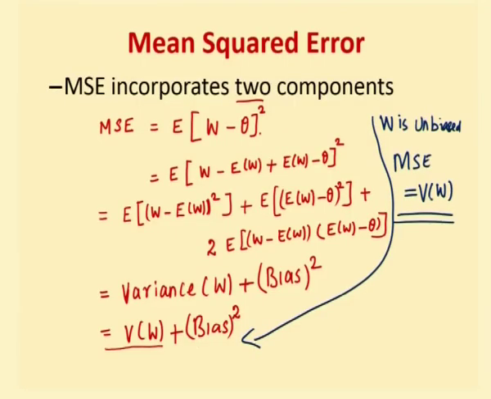If you look closely, once again, bias is one way we try to assure our quality, and another is MSE. Therefore, all the calculations are based on how your W behaves. That means what could be its mean, so you could find the expected value of W, and secondly, you could observe the variance of W. Therefore, once we get an estimator, we go further to understand its mean and variance, so that we know how it behaves.